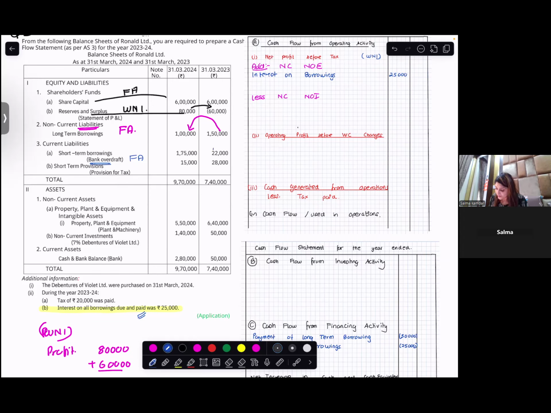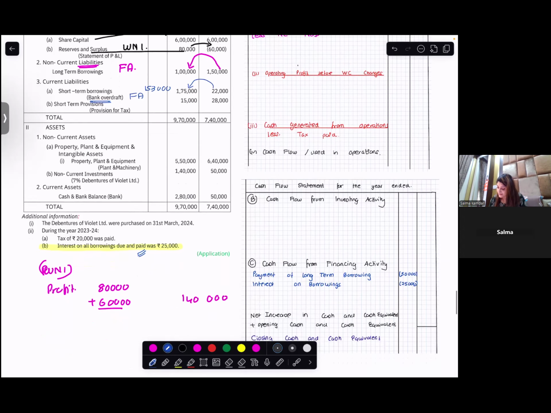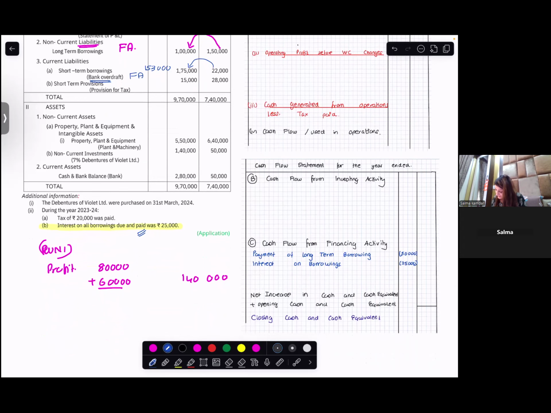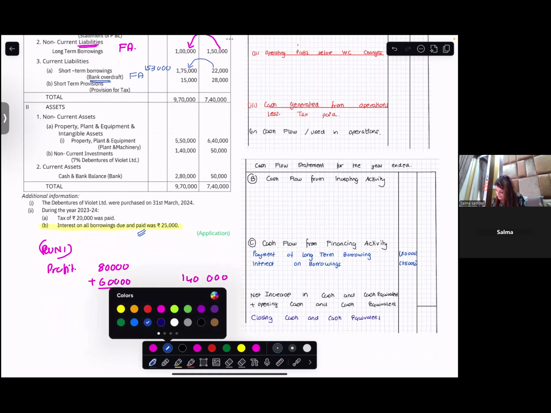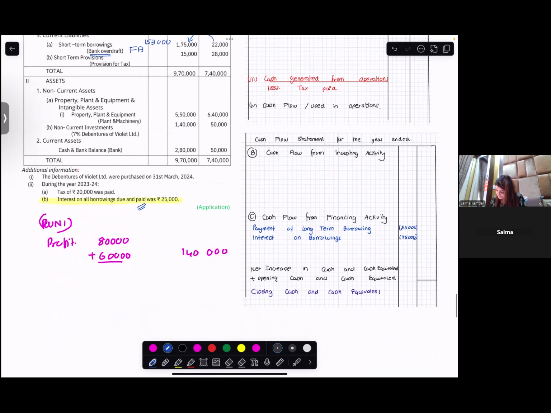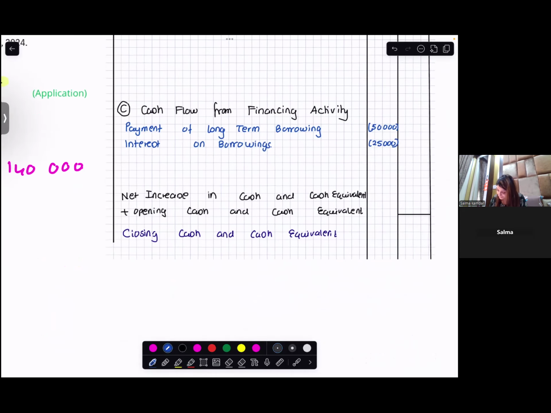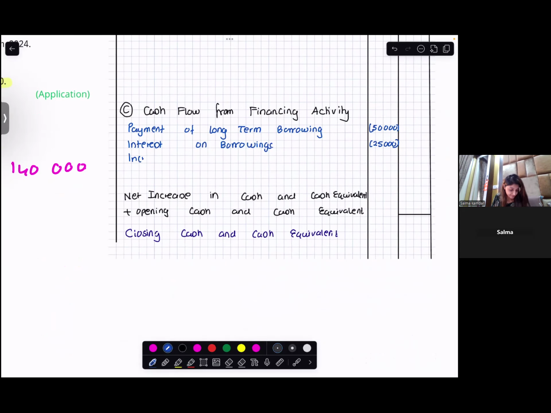If you see your bank overdraft is increasing, how much is this increasing by? This is increasing by 153,000. That means I am getting the money to use as 153,000. I will go and write this in financing activities: increase in short term borrowings, bank overdraft.